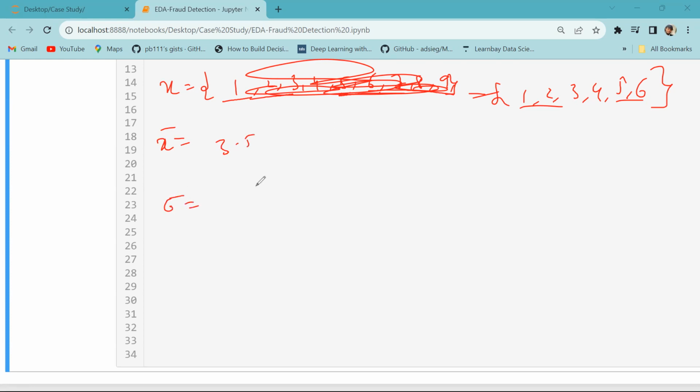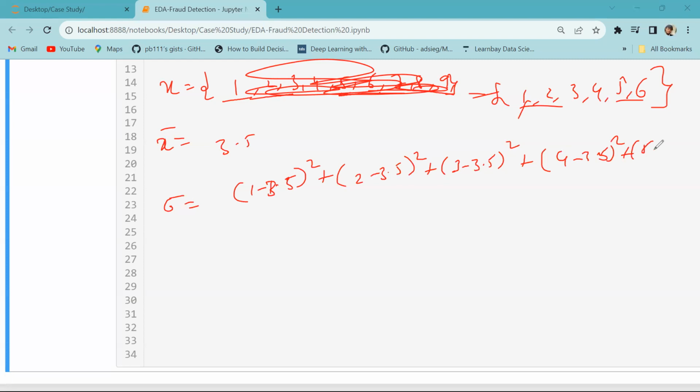Then what is the standard deviation? (1 minus 3.5) whole square plus (2 minus 3.5) whole square plus (3 minus 3.5) whole square plus (4 minus 3.5) whole square plus (5 minus 3.5) whole square plus (6 minus 3.5) whole square by n.